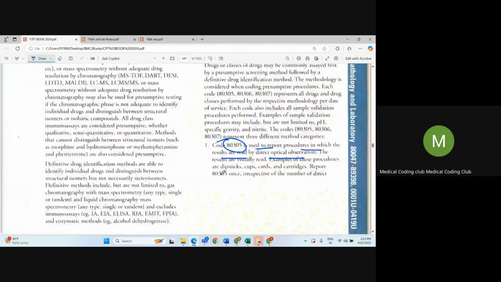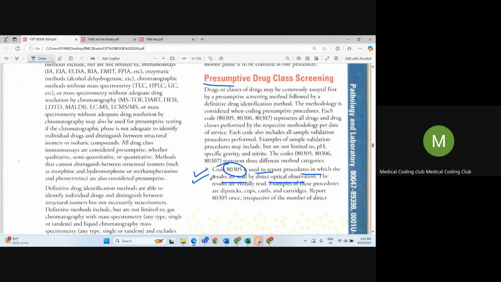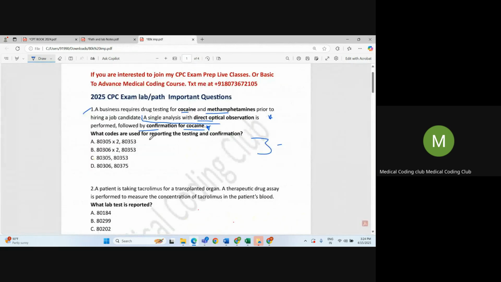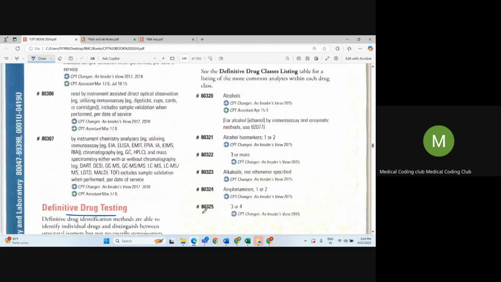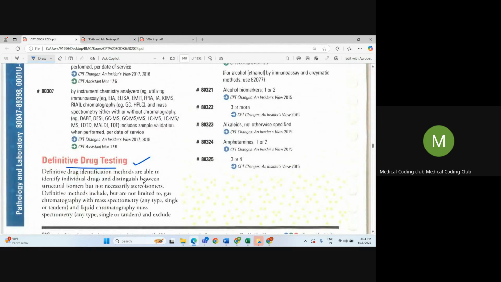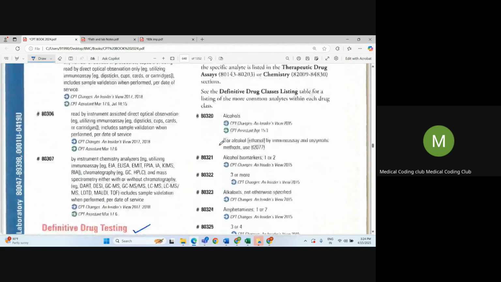Next, single analysis with direct optical observation is performed, followed by confirmation of cocaine. So you have to check under definitive drug test for cocaine, because they are confirming the drug as cocaine. So look for cocaine.